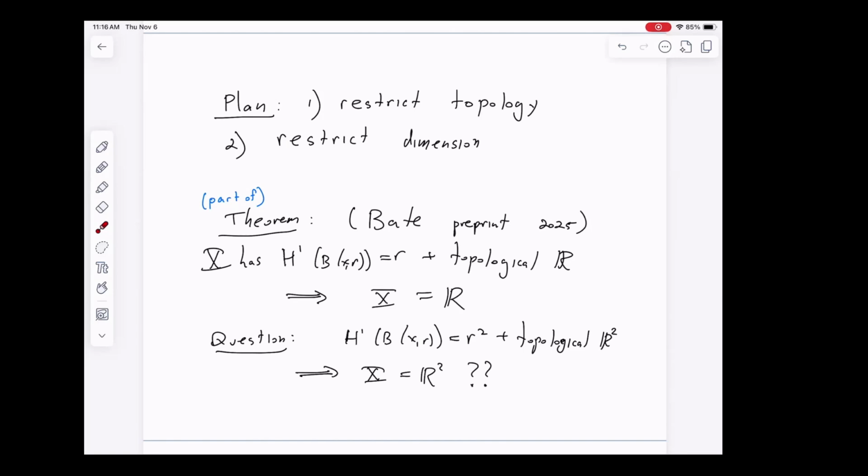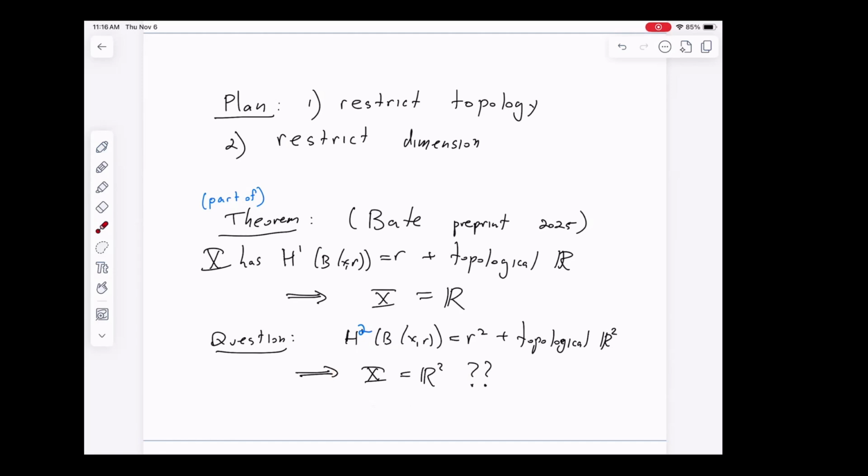And one question is, what do you know if you assume, I made a mistake here, it should be H2 of a ball is r squared, and you also assume that you are a topological plane? Can you get that you're R2?